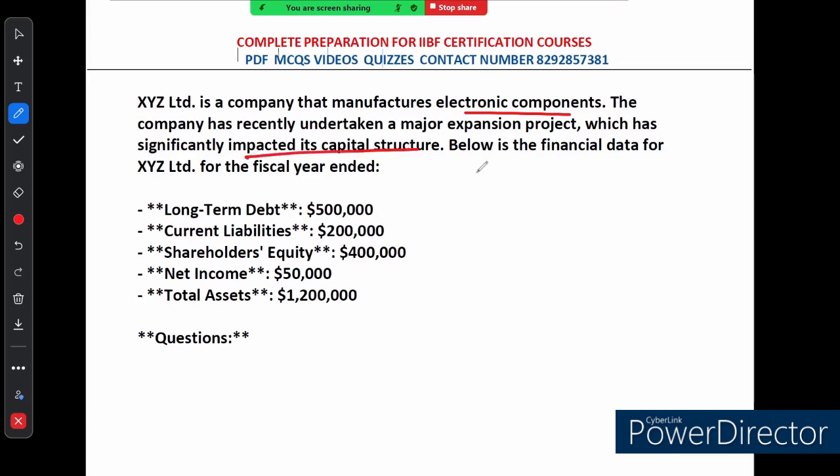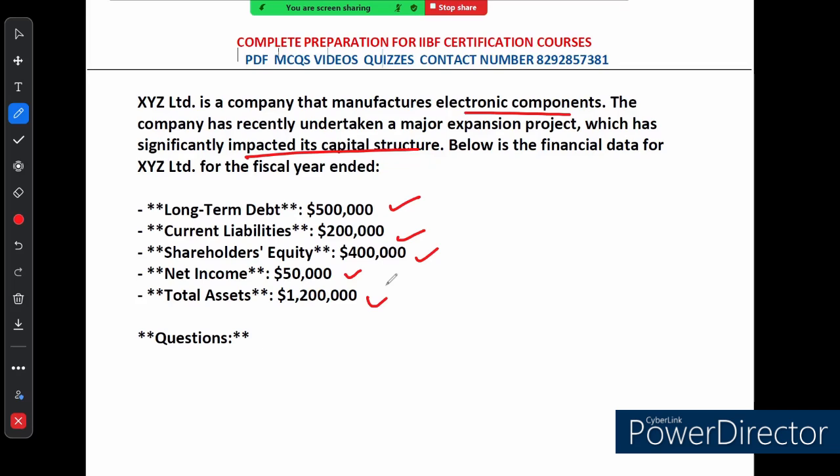And here is the financial data we are working with. The first is long term debt, $5 lakh. The next is current liability, $2 lakh. Shareholder equity, $4 lakh. Net income, $50,000. And total asset, $12 lakh.